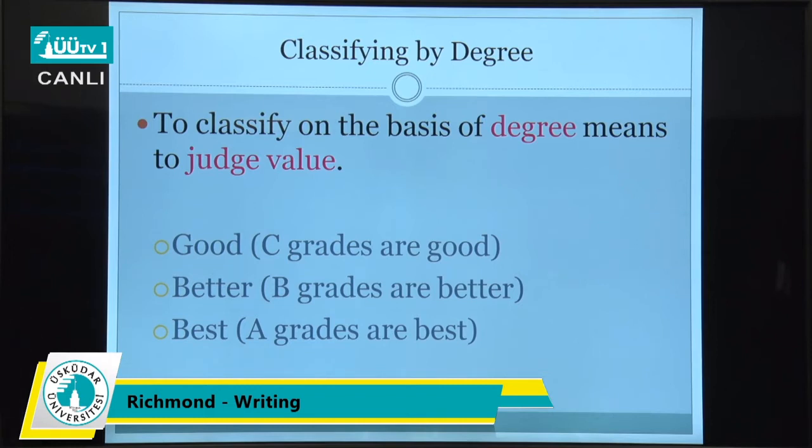To classify on the basis of degree means to judge value, for example, as good, better, and best. For example, if you are classifying the grades, A is the best grade, B is the better, and C is the good.